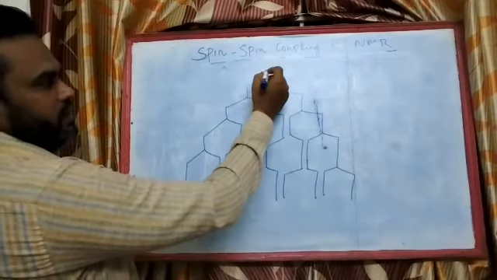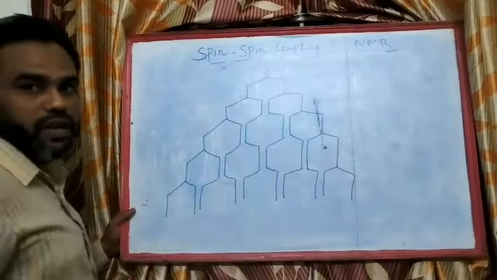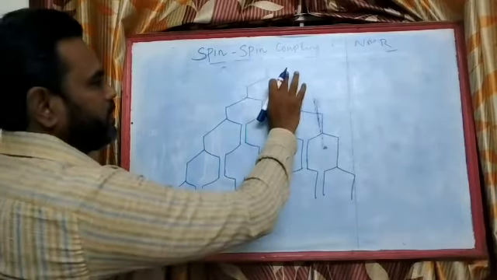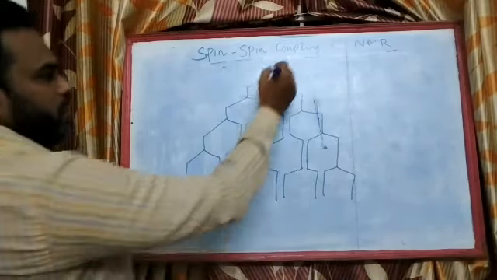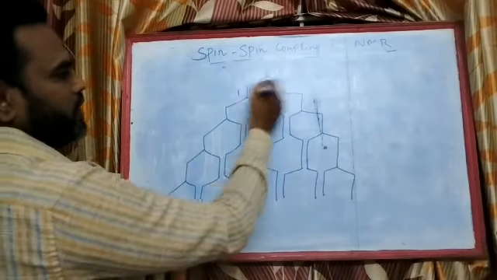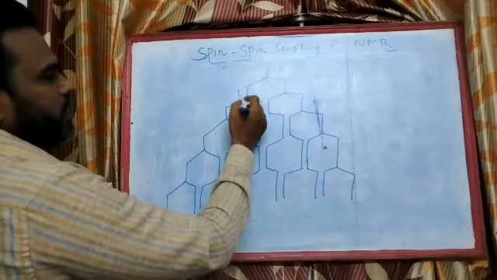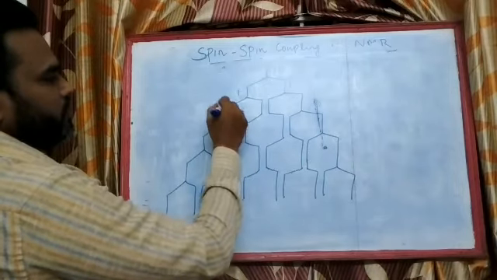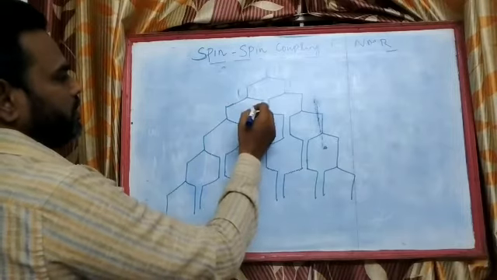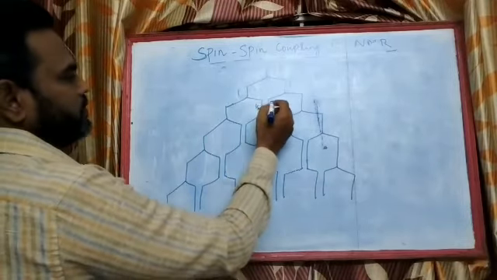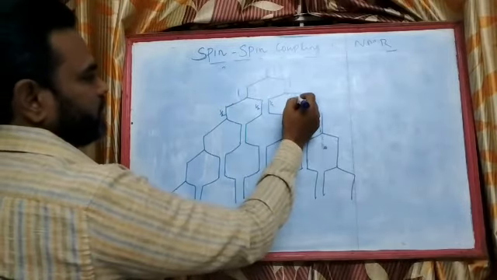See this, if you have an intensity of 1, I can say this 1 and 1. So this will be split into half, half, half.